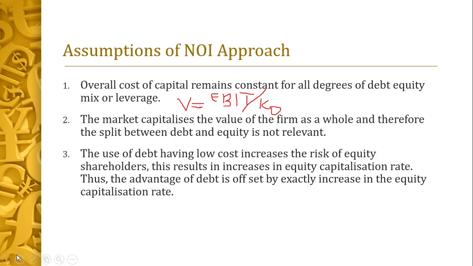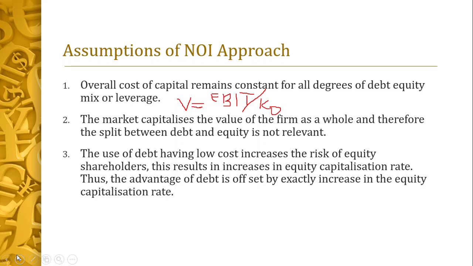Now, whatever meaning we said, all those meanings are themselves the assumption of the NOI approach. Here, one of the calculations that you will have to remember is how you would calculate the value of the firm: V is equal to EBIT divided by K naught. Remember your NI approach. There we had to calculate the cost of capital.